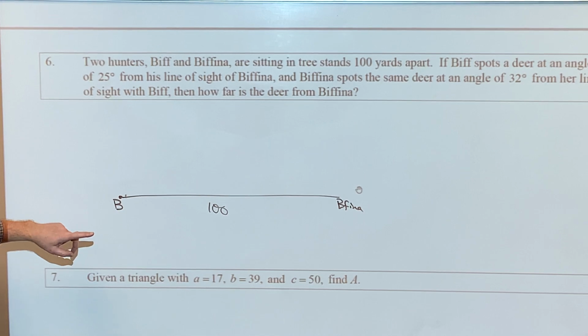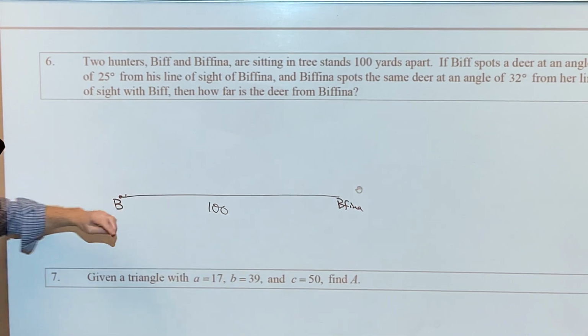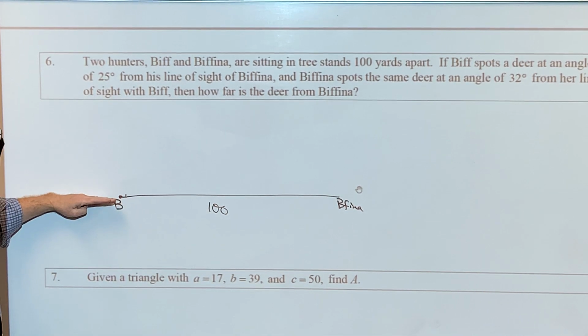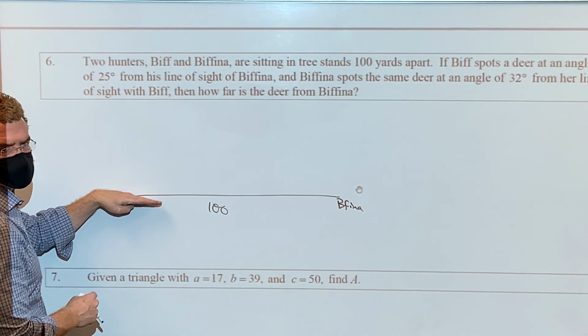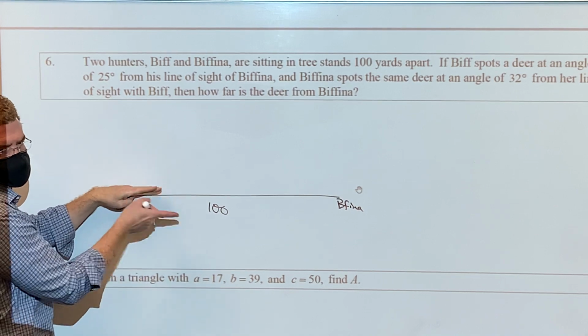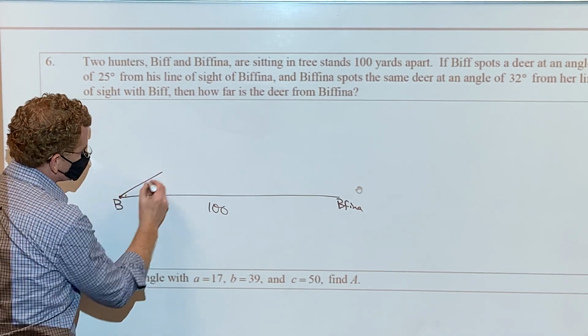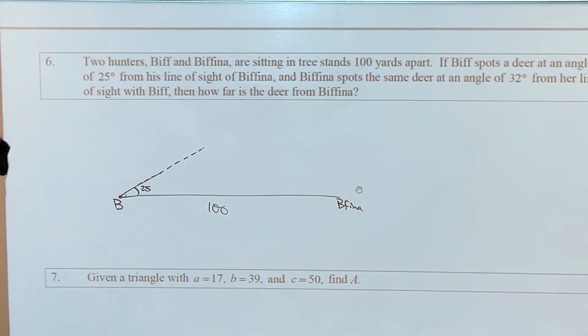It says Biff spots a deer at an angle of 25 degrees from his line of sight of Buffina. So if Biff sees a deer, and it's 25 degrees away from his line of sight, you with me? It could be either there or there. I'm just going to pick going left, I guess. So it's saying that's 25 degrees, and I spot some deer.